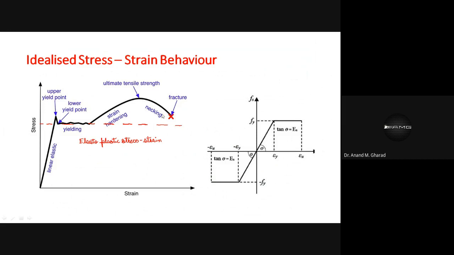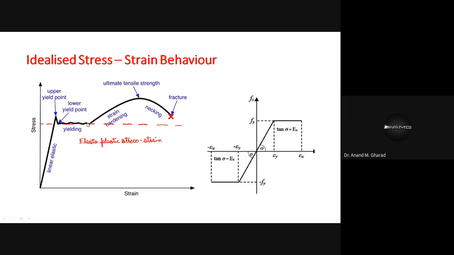Necking in the sense the cross section of the material reduces, and there is a formation of a cup and cone type of arrangement, which will eventually break or get fractured. In this process, you obtain some maximum strength, which we call the ultimate tensile strength, right?